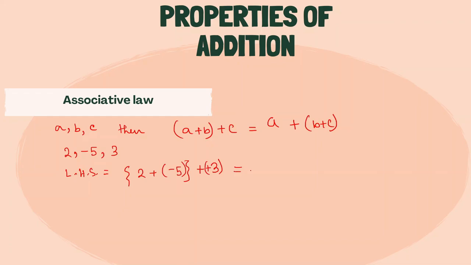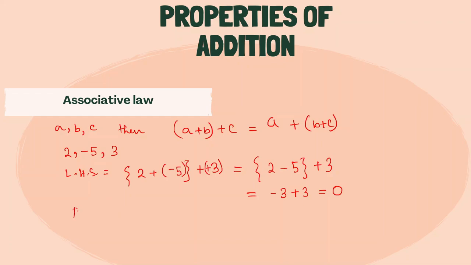So what will be the answer? 2 plus minus will become minus, so minus 5, and plus 3. So 2 minus 5 is minus 3 and plus 3, so minus 3 plus 3 becomes 0.